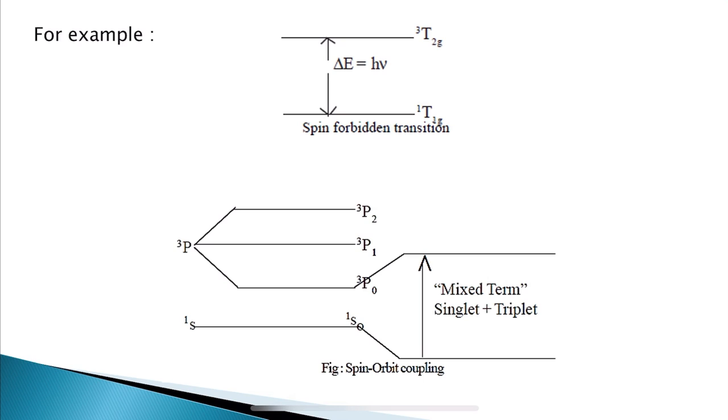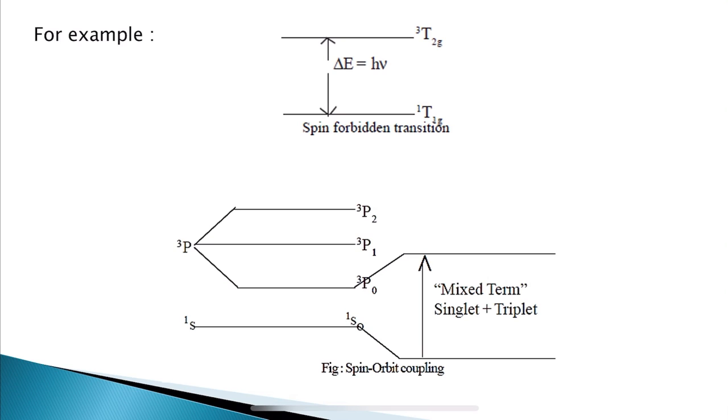Forbidden transition means that, according to the selection rules we have discussed, the transition should meet the required characteristics, even if the spin multiplicity is different or the quantum number is not changing.